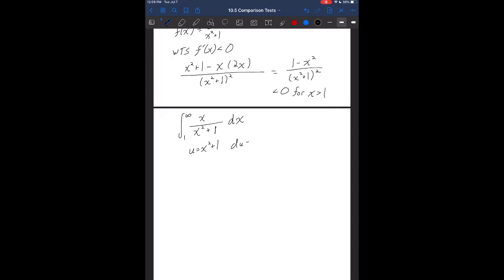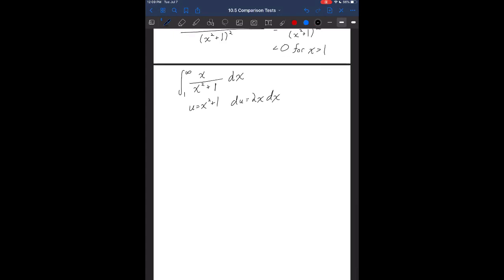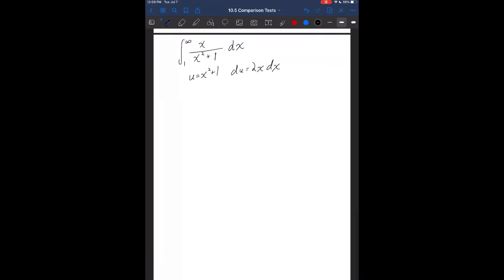So using u as x squared plus 1, du is 2x dx. If x is 1, my u value is going to be 1 squared plus 1, or 2. And then actually what we'll do in this case is substitute back in so we don't have to change the bounds.